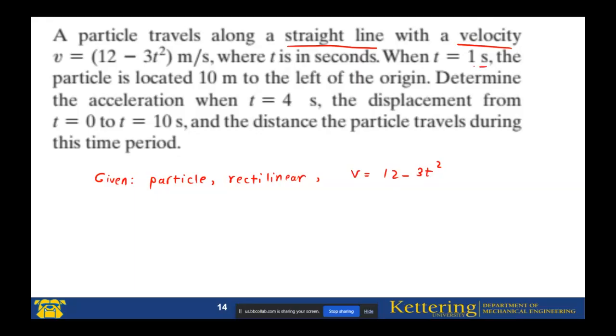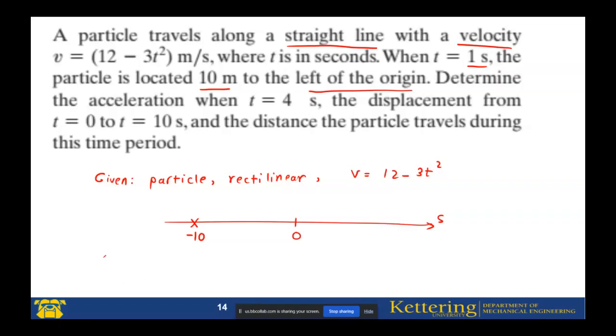When t is 1 second, it is located 10 meters to the left of the origin. Look, if this is an origin, S is the coordinate, particle started from somewhere in here, minus 10. Now at t equal 1 second, it is located 10 meters to the left of the origin.